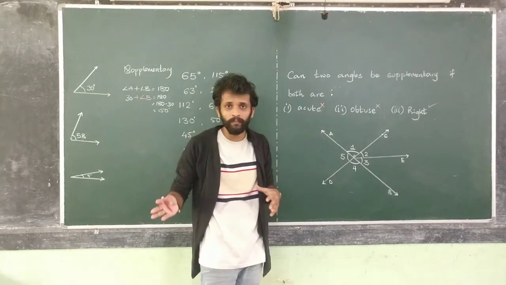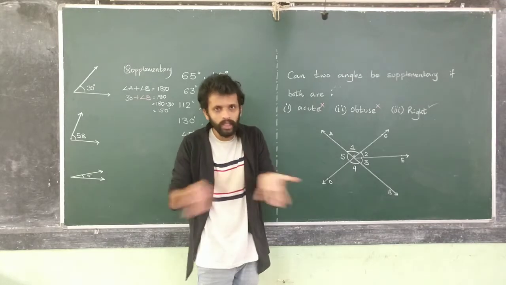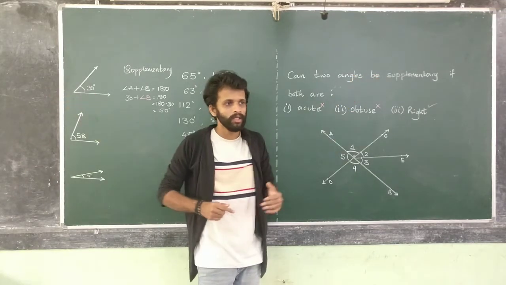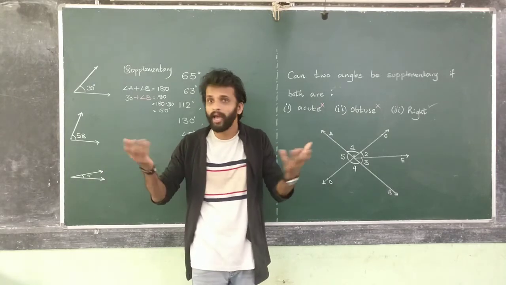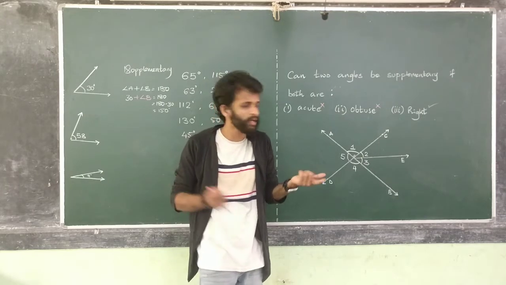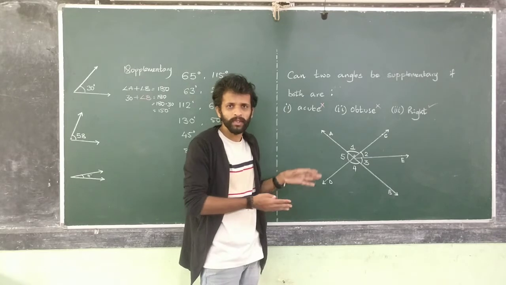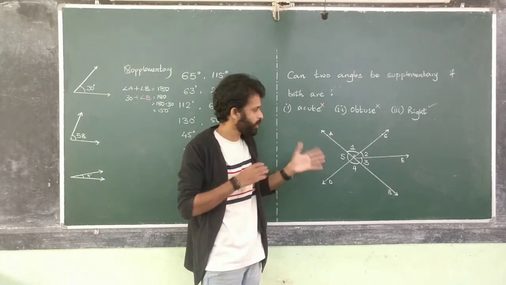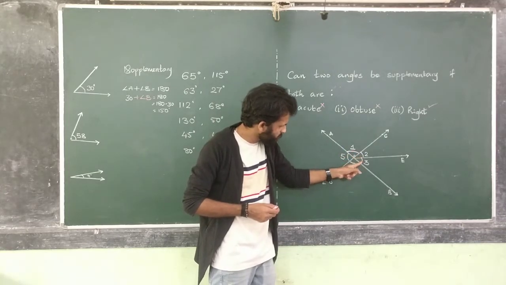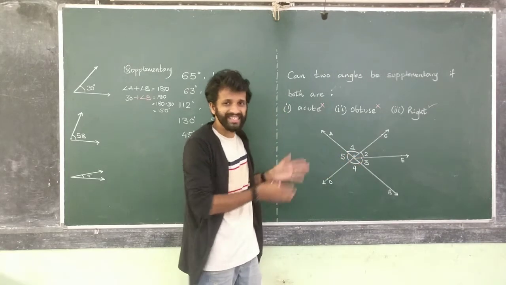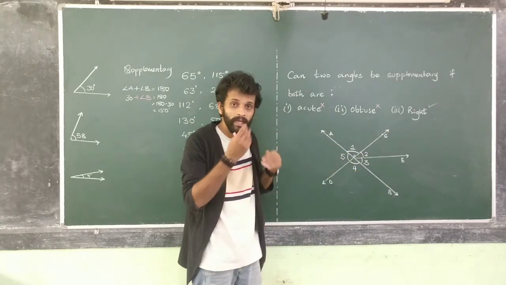If all of them had one name, so that whatever is your name is for the entire class, imagine what would happen. The teacher is calling out your name and everyone is looking. It becomes complicated, right? So all these lines and angles are given names so that it doesn't become a complicated situation. Second, these are just marks to tell that it's an angle. The numbers are just to simplify the name.